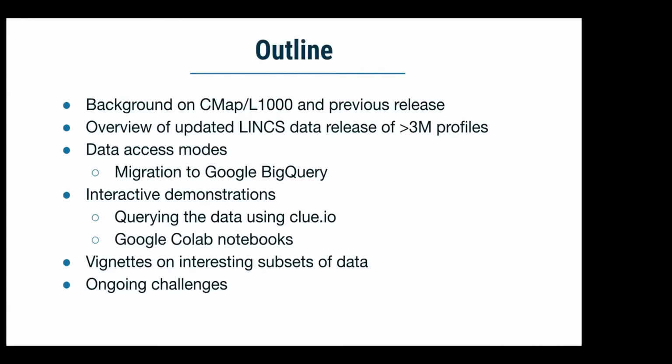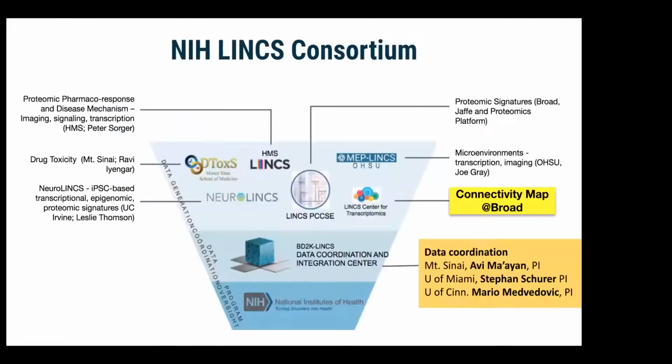And we'll have some interactive demonstrations about how we use BigQuery to perform ad hoc analyses, and also a more standard analysis of querying this new data set using tools at clue.io. And as time permits, we can show a couple of vignettes on interesting subsets of this larger data set and talk about some ongoing challenges that we're still working on.